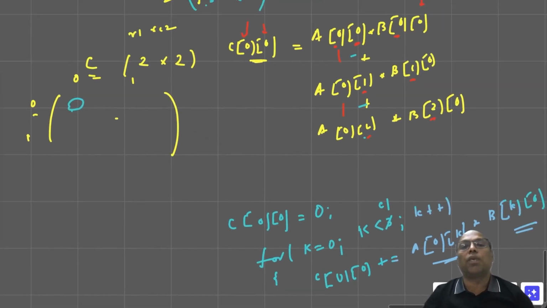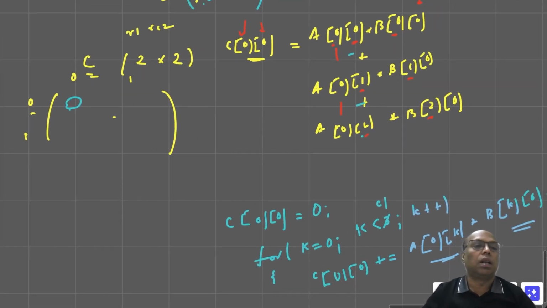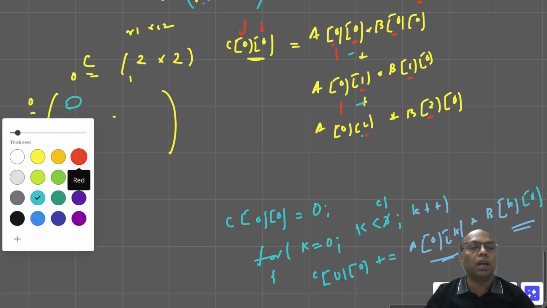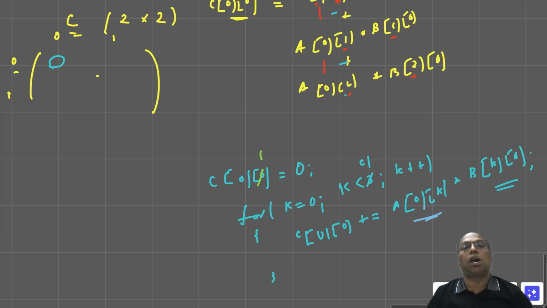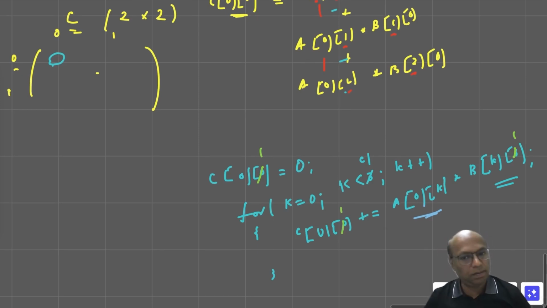Now, I need to generate for C of 0, 1. If you want to generate for C of 0, 1, what change should I make here? I should make a simple change. In this place, I need to put 1. In this place, I need to put 1. In this place, I need to put 1. So how to get this?